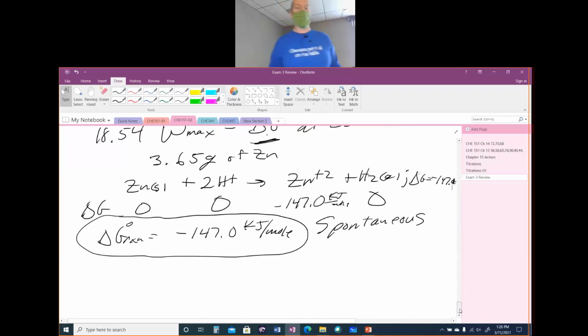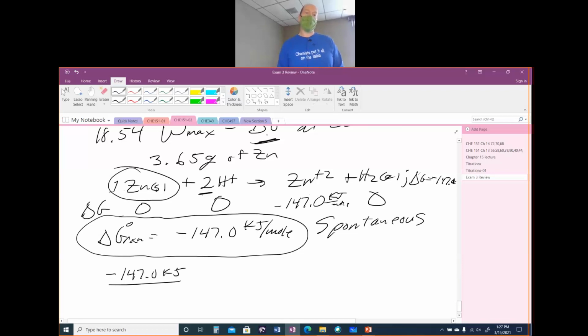That balanced reaction is for 1 mole of zinc. If they would have given us information on acid, it is for 2 moles of the acid. So we know that we have negative 147.0 kilojoules for every 1 mole of zinc.